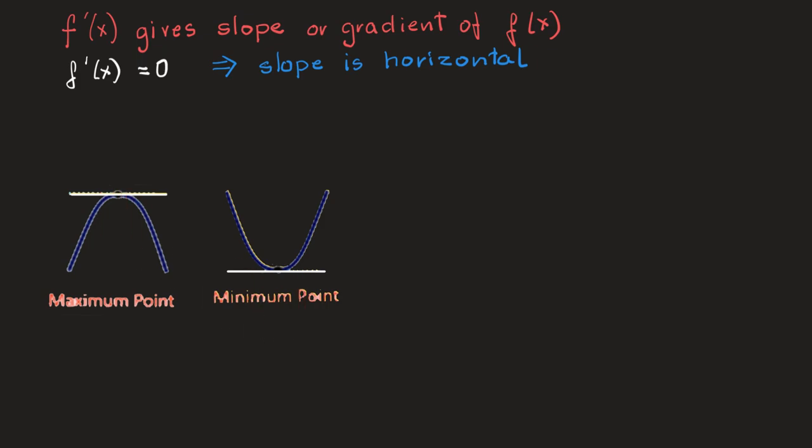And you can see why these points are called stationary, because in a way you can stand on those tangents. There is a flat line to stand on, but you can also have a horizontal tangent on a curve which is not a maxima or a minima.